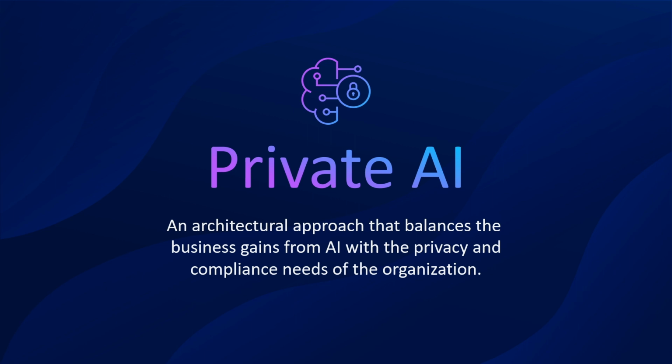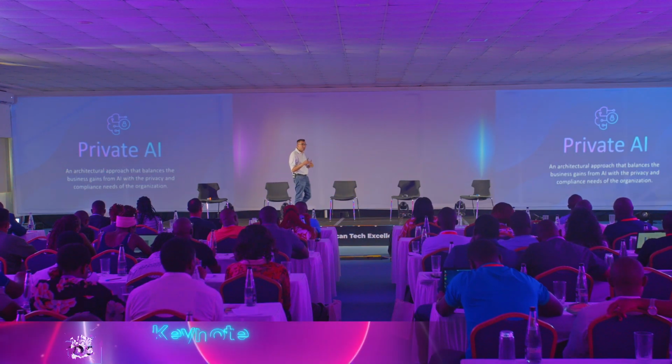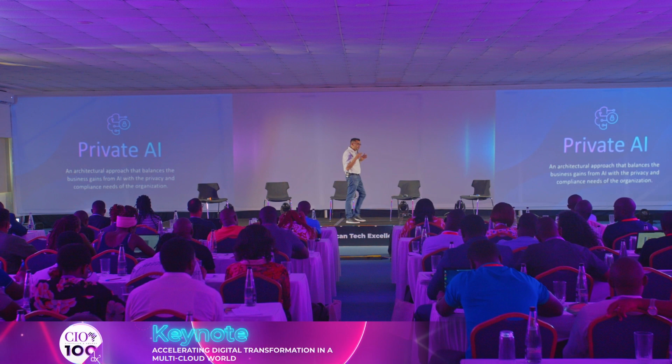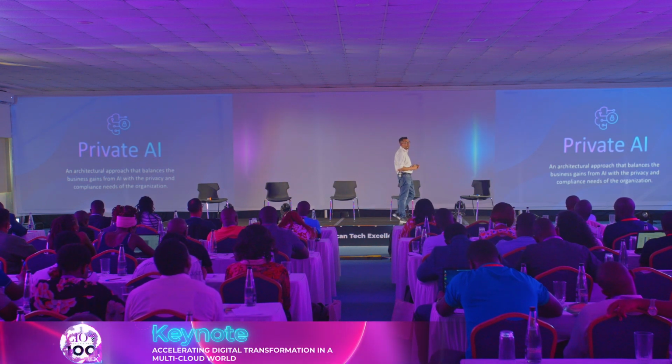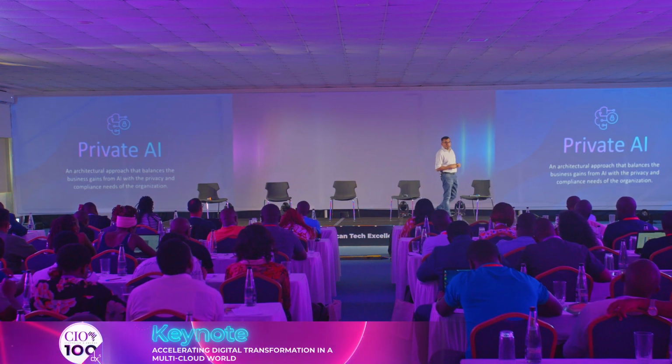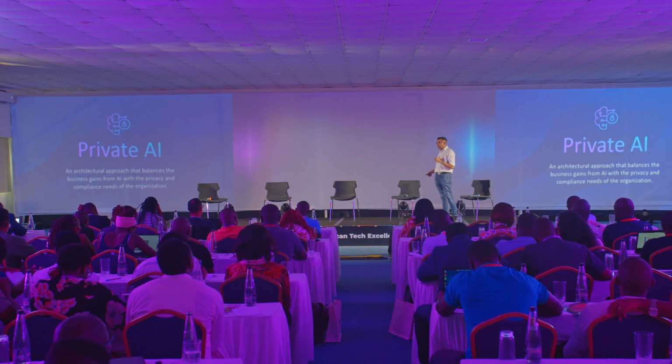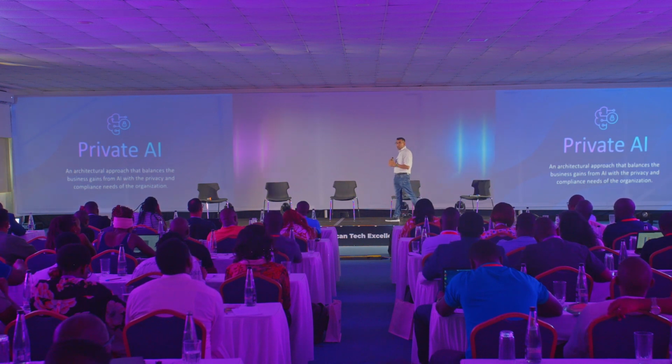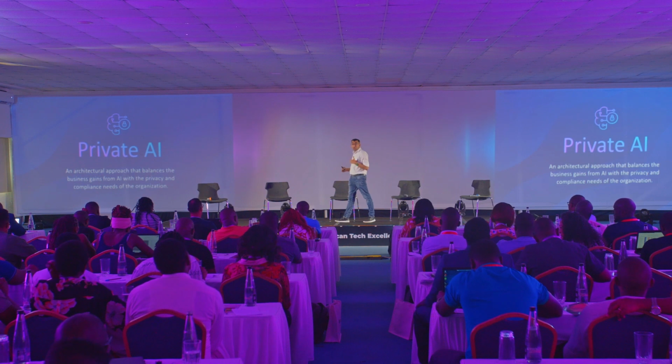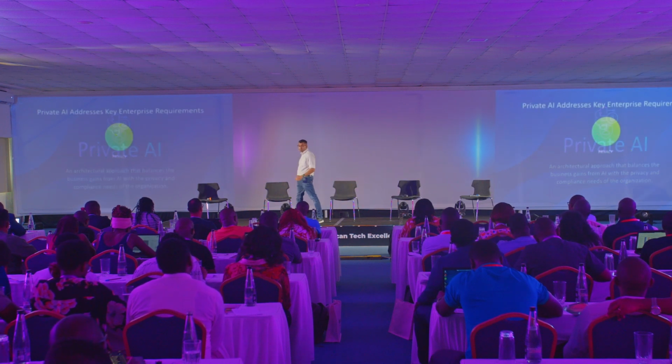And there's a new concept coming up called private AI. A private AI approach is an architectural approach that gives you the benefit of using large language models and the business gains of AI, while at the same time not compromising on privacy. This is the next big frontier for enterprises to adopt generative AI.